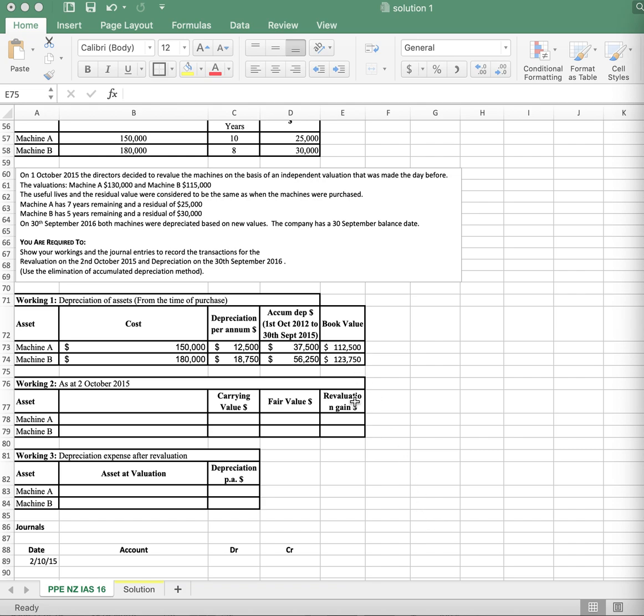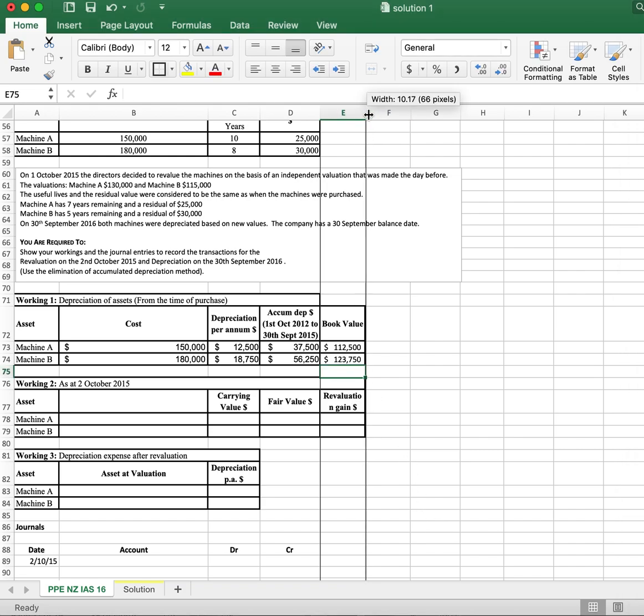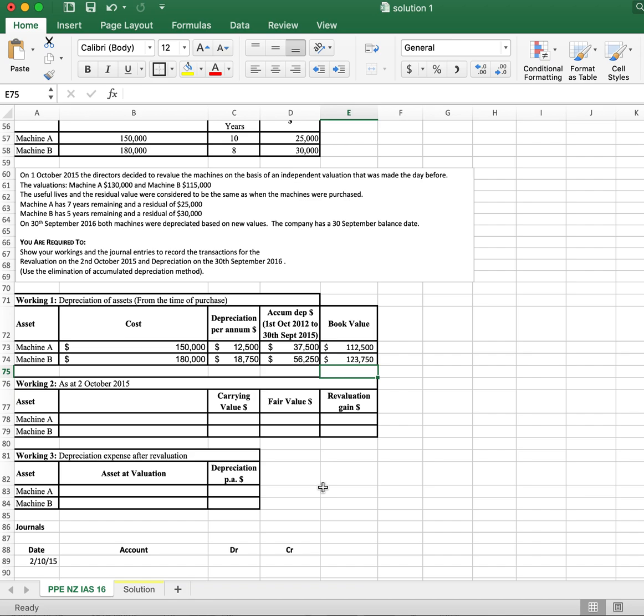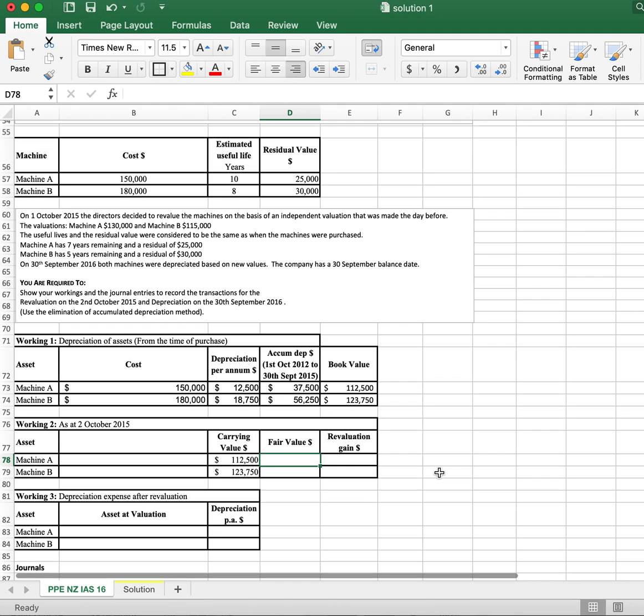That's what we're trying to work out. We're trying to work this here out, right? Okay. It's the revaluation gain. Okay. So what is the carrying amount or the book value? We can pick that up from our workings just above. Right. And what is the fair value? Right. So that we go to the valuation. The valuation up here.